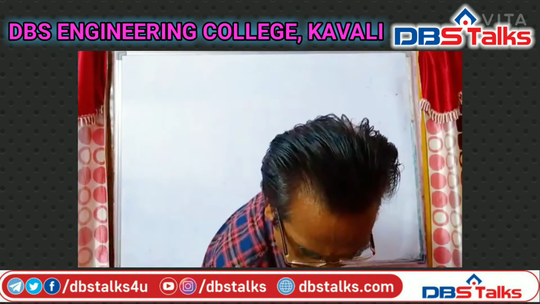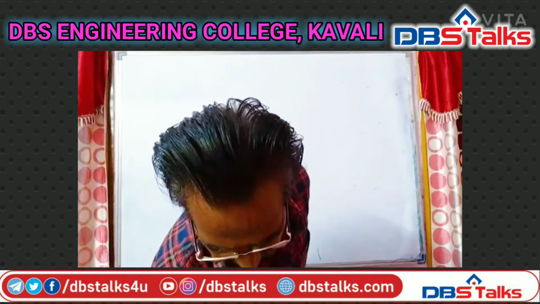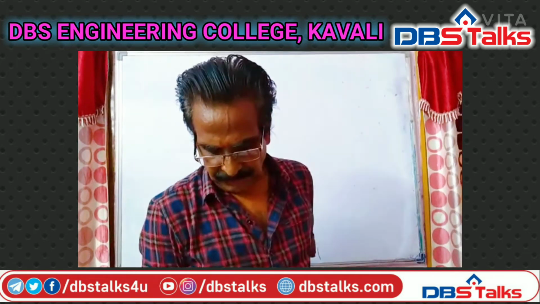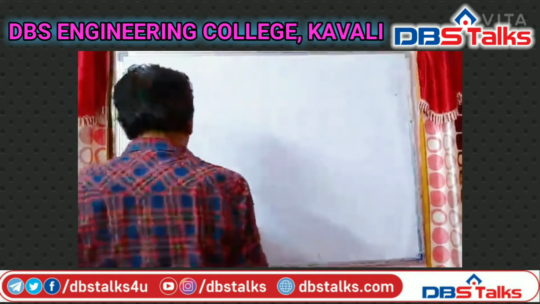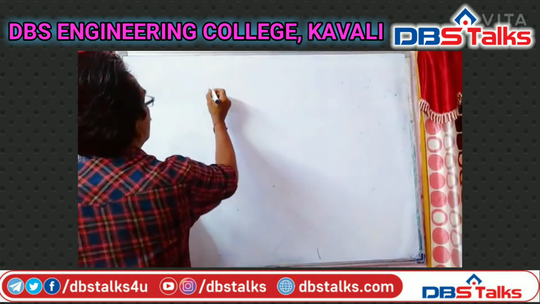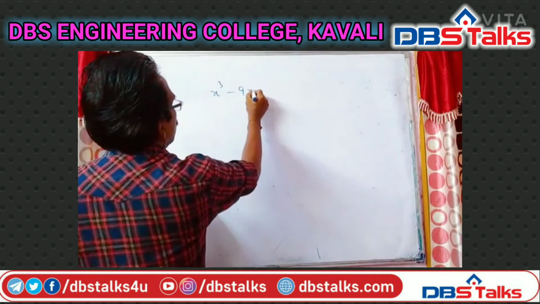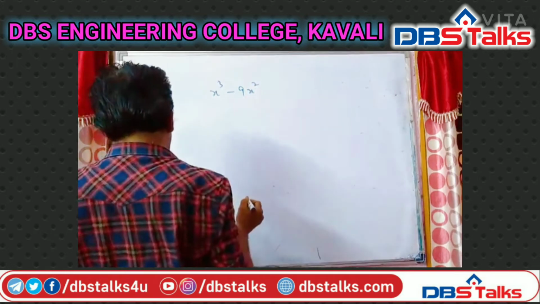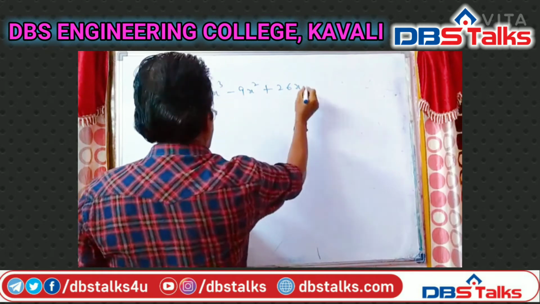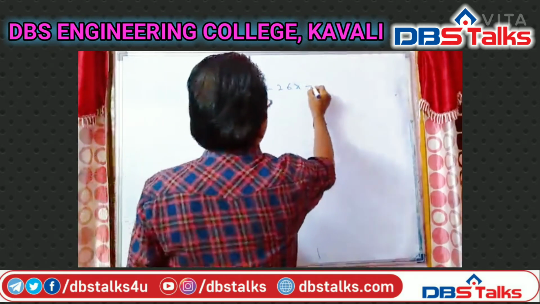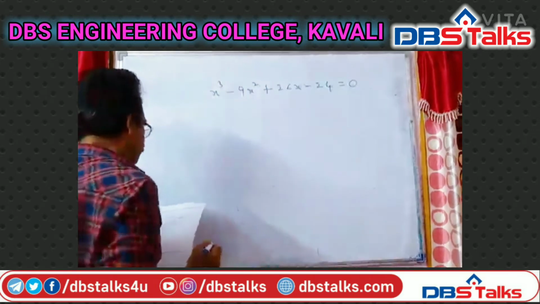Now let us do the next problem. Alpha, beta, gamma are the roots of x cube minus 9x square plus 26x minus 24 is equal to 0.